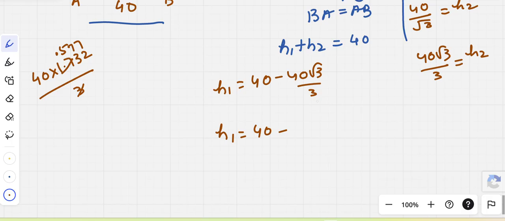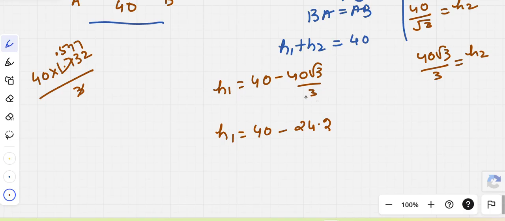It will be somewhere around 24.2, because I took 1.732. Some people take only 1.73. It depends.